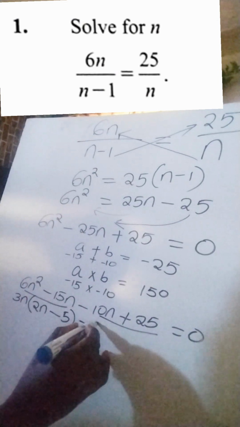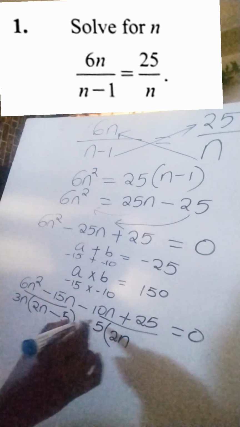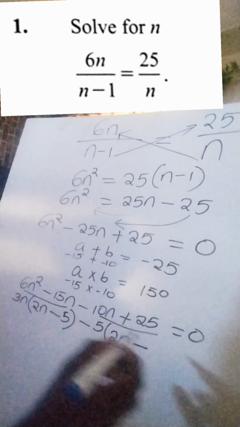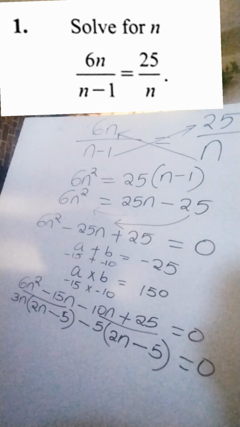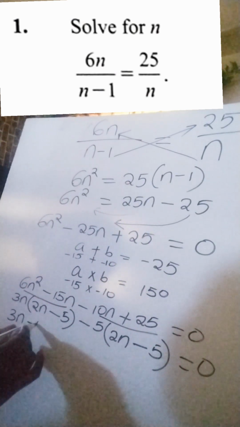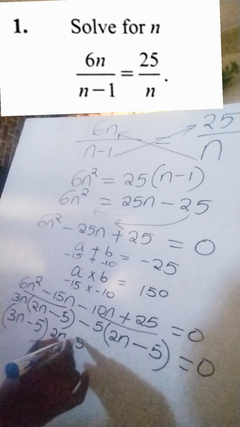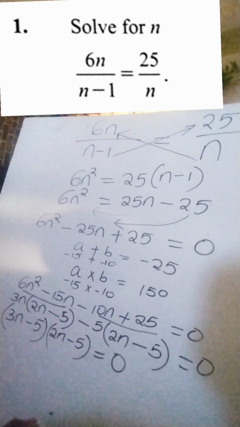Minus, what is common is 5. I divide by 5, I get 2n. Negative and positive is negative, where 25 divided by 5 is 5, is equal to 0. Outside the bracket, we have 3n minus 5, then 2n minus 5 is equal to 0.